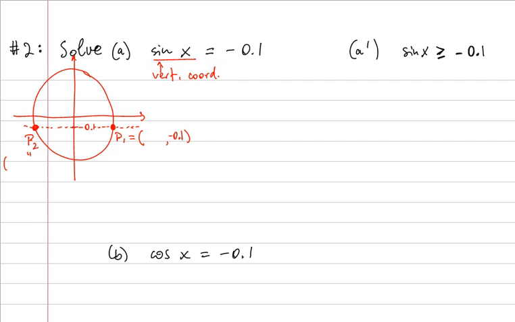So this is (cos x2, negative 0.1), and here is (cos x1, negative 0.1). We want to find these two angles, x1 and x2.